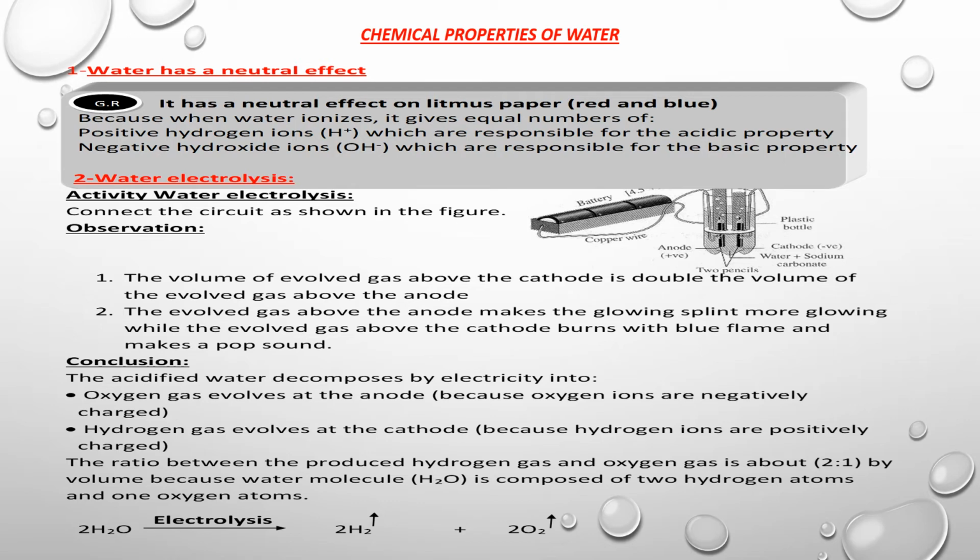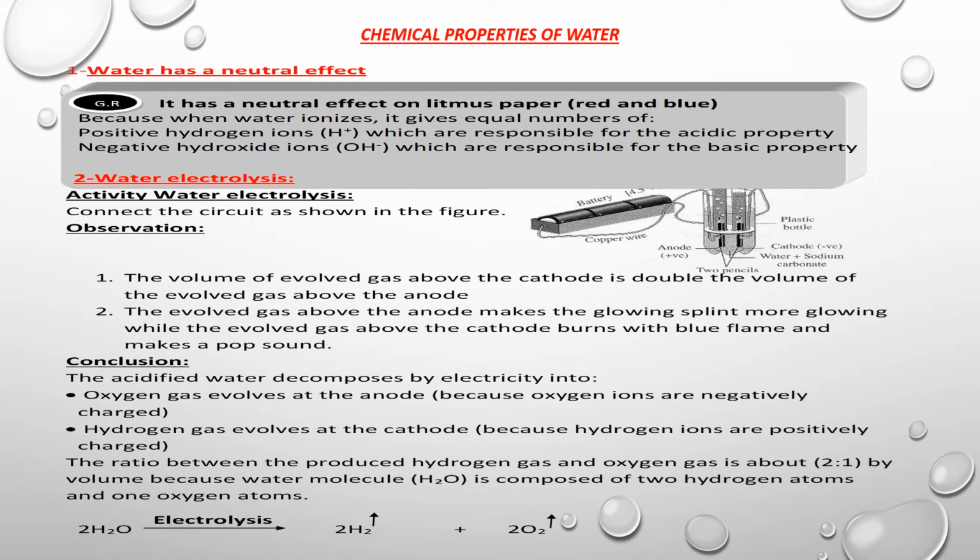Number two, water electrolyzes by Hofmann voltameter. As you see, we bring a battery with an anode, which is a positive pole, and a cathode, which is a negative pole, and we put acidified water in it. What happened?